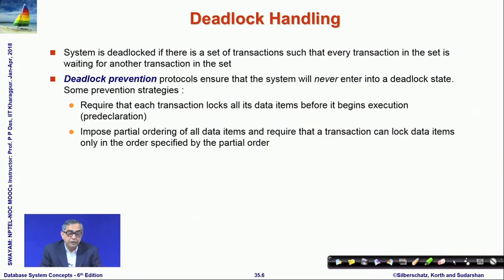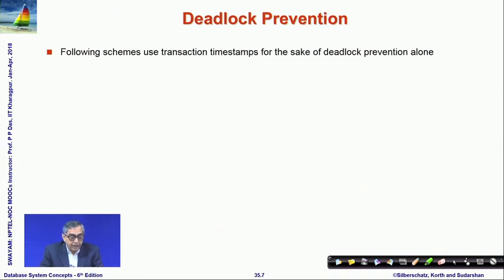The important thing here is a partial order among the data items, and the fact that you lock data items in the order specified by the partial order. You cannot lock out of order, and if you do that, then it can be shown that the deadlock will get prevented. We do not have time to go into the details of how that works, but I just want you to know that such prevention strategies exist.